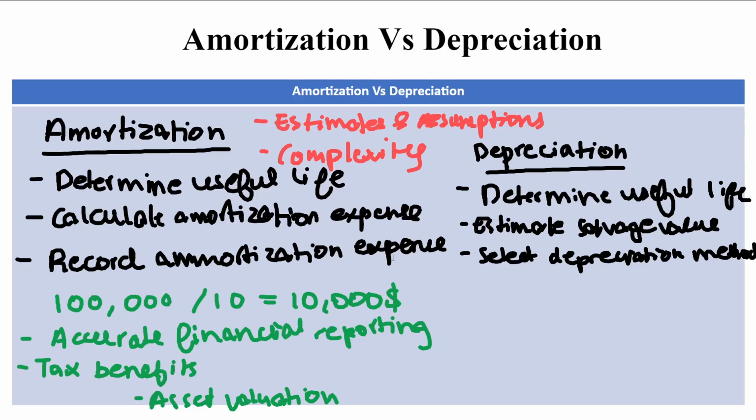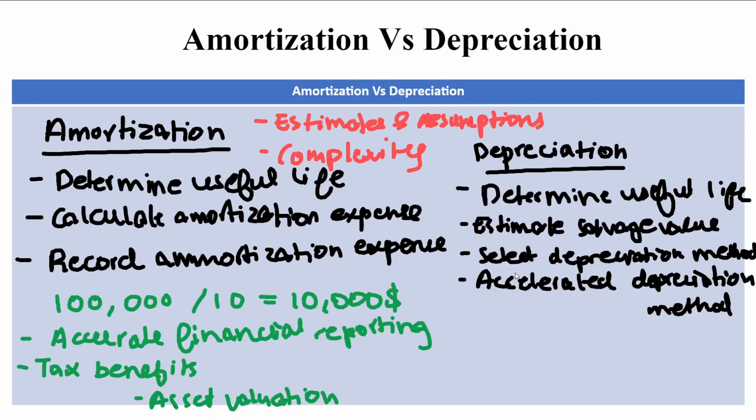Now the second method that we have is accelerated depreciation method. So now this is basically where you allocate more depreciation expense in the earlier years of the asset's life.